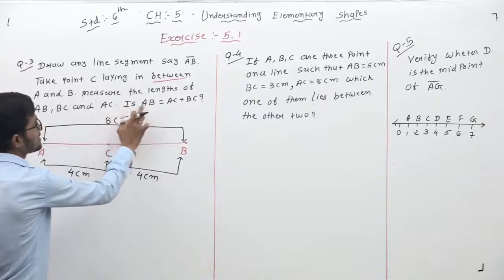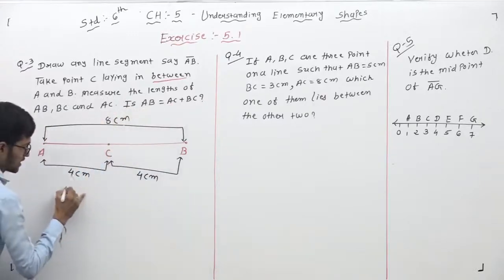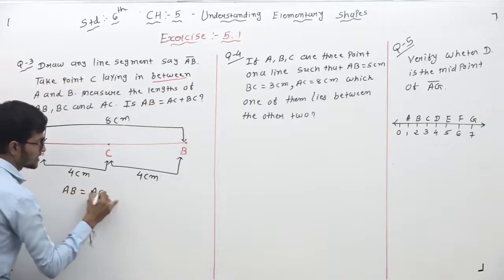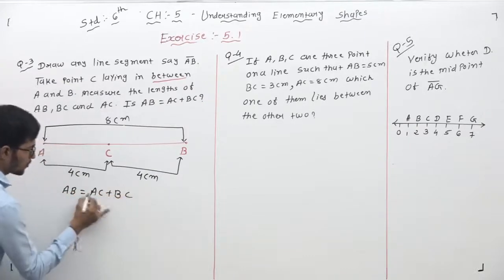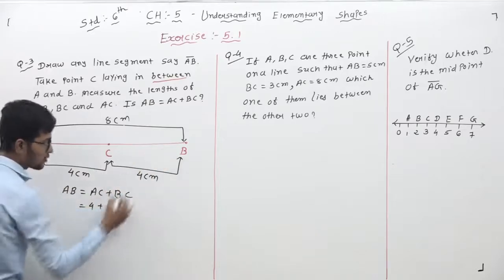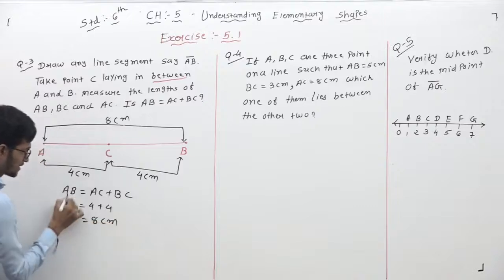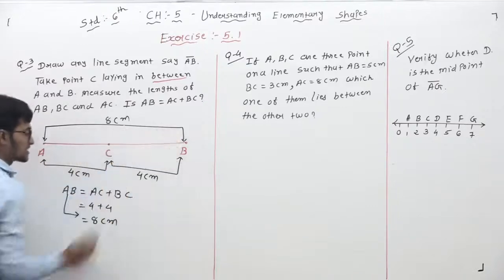Right? Now is AB equal to AC plus BC? Let's check this one. First of all, AC is equal to how many? 4 centimeter. BC is equal to how many? Also 4 centimeter. 4 plus 4 means total 8 centimeter. Now dear students, AB is equal to 8 centimeter.